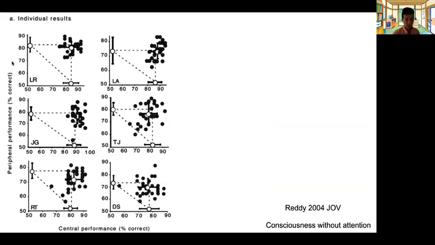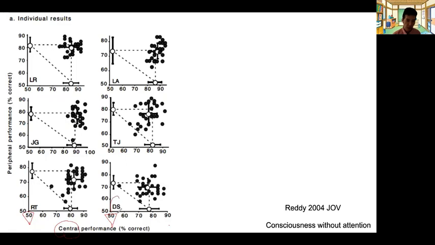And this is first to show the original result of the experiments. As I said, the dual task performance is usually presented in this format. So here, what you see is that the central performance is on the x-axis, starting from 50% as the chance performance, and then 100% is perfect.